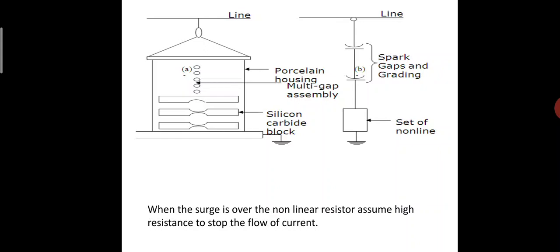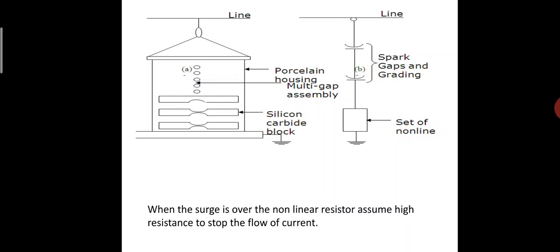Now the simplified line diagram for a valve type lightning arrester. Starting is the line and the divided spark gaps, and the middle one is the leak tight porcelain housing with a set of non-linear resistors.